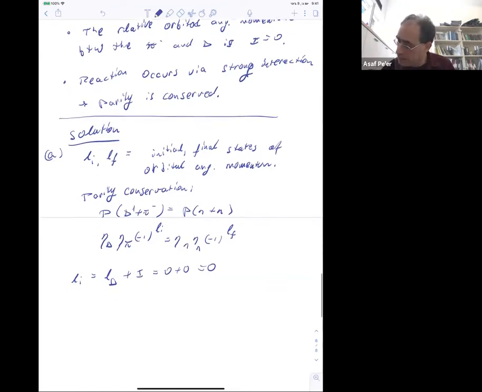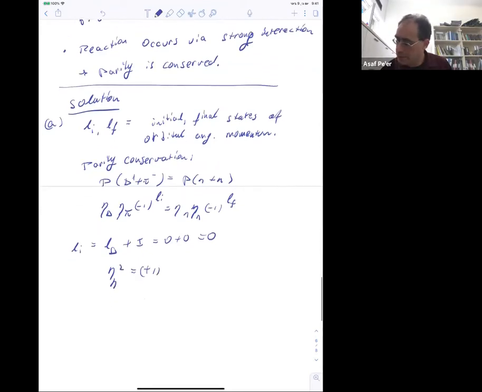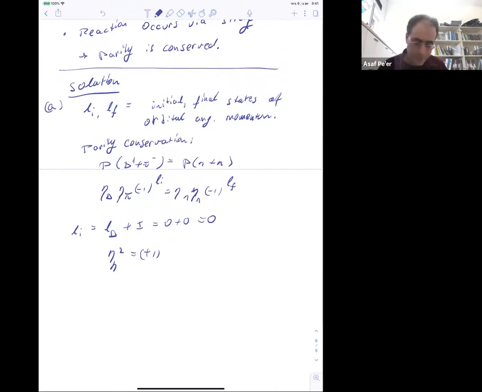And the intrinsic parity of the neutrons, I don't know what it is. I know it can be either -1 or 1, but I have eta n squared, which I know must be +1. So overall, we end up with eta deuterium eta pion is (-1) to the power Lf, the final orbital angular momentum.